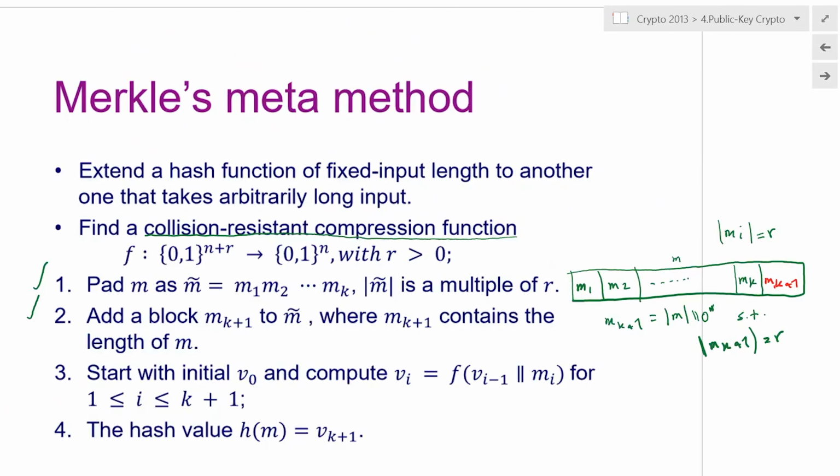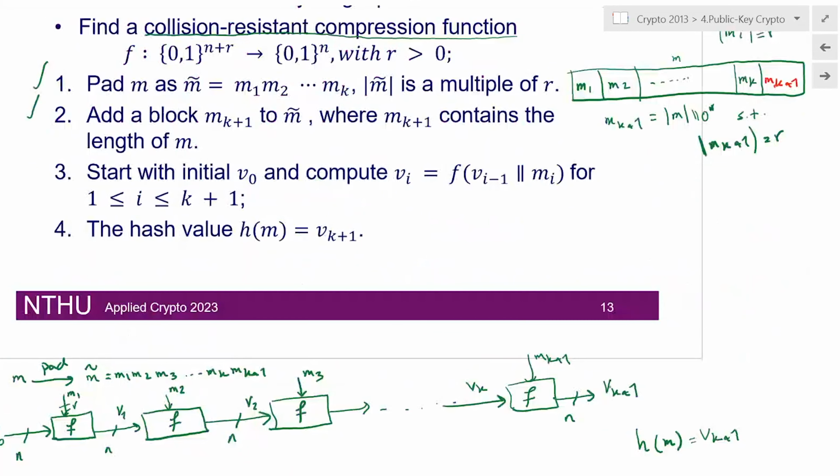So we know that their hash values are the same. According to the construction of this function, we take the last output from the f function as the result of the hash function. So their hash values being the same means these blocks are the same.